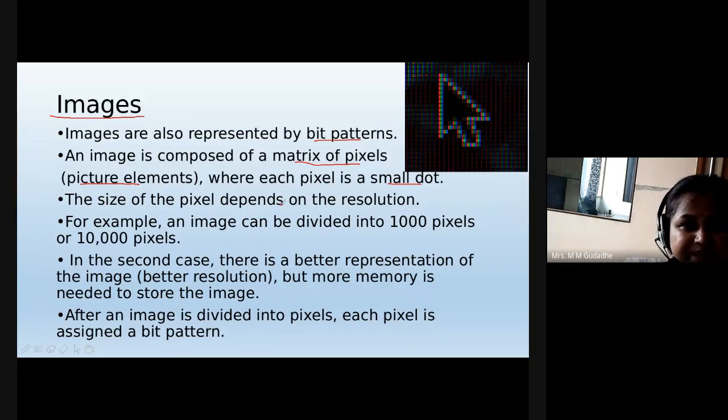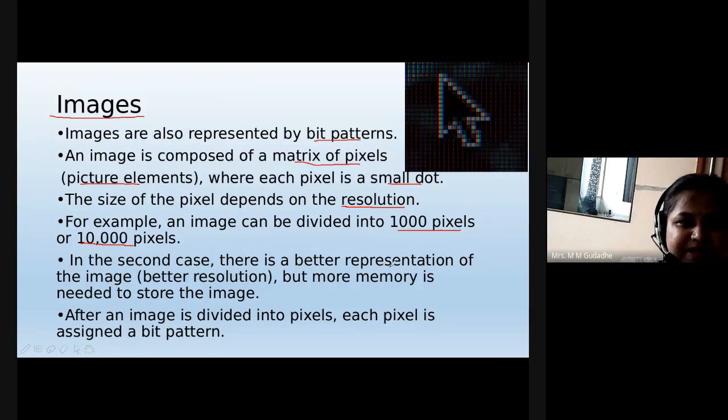The size of the pixels depends upon the resolution of your image. For example, an image may be divided into 1000 pixels, or it may be divided into 10,000 pixels. Accordingly the resolution is selected.